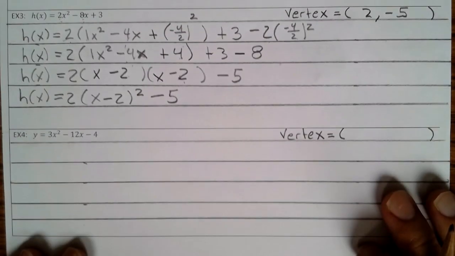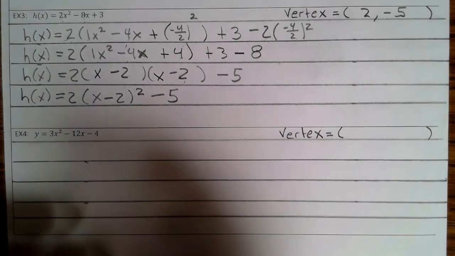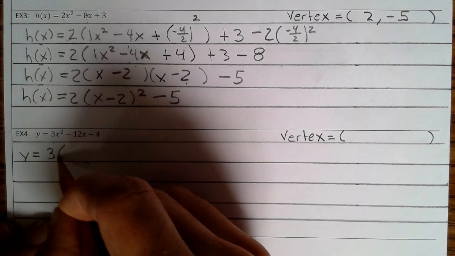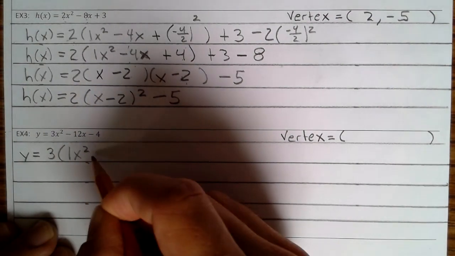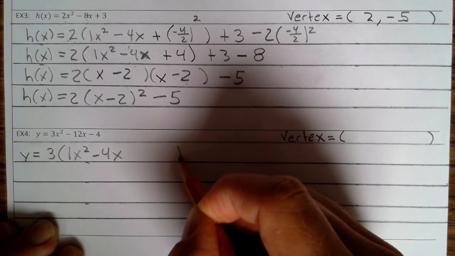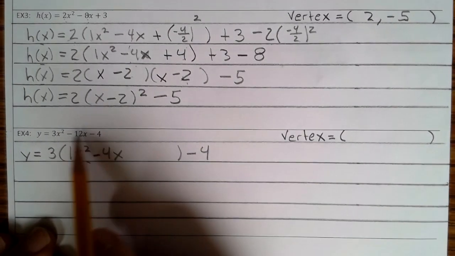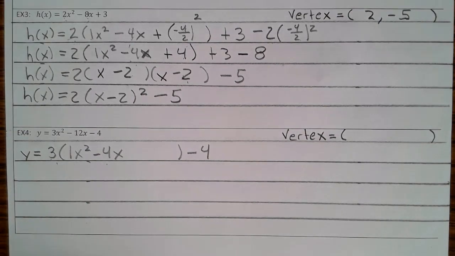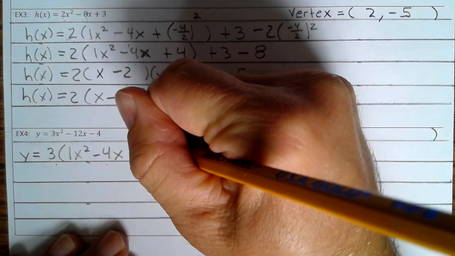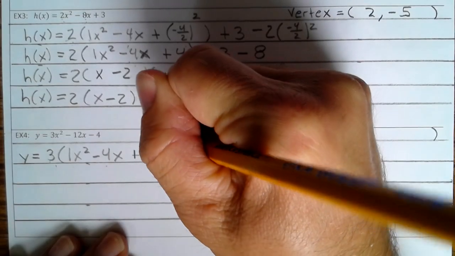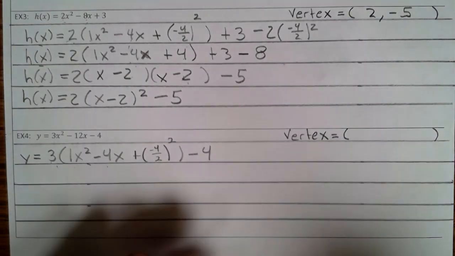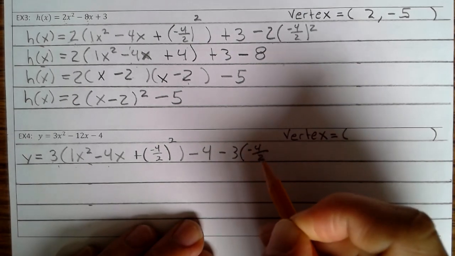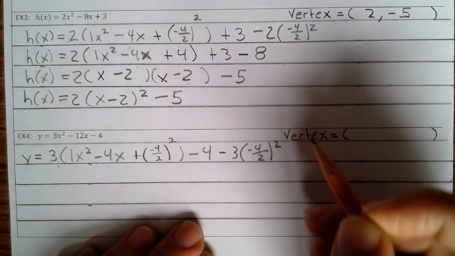All right, example 4. Okay, we're going to divide the first two terms by 3, so that's y equals 3, 1x squared minus 4x minus 4. And that works because negative 12 divided by 3 is negative 4, and 3 divided by 3 is 1. I'm going to complete the square, so that's plus negative 4 divided by 2 squared, and then minus 3 times negative 4 divided by 2 squared.